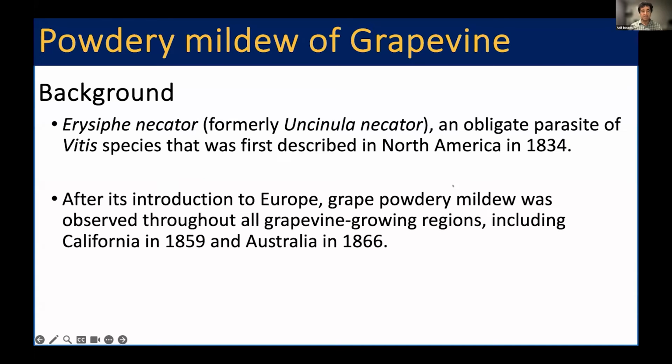After its introduction to Europe, it was introduced to the rest of the world, including California in 1859. We still don't know the exact dates, but those are the times that the pathogen was identified, and later on in Australia in 1866.